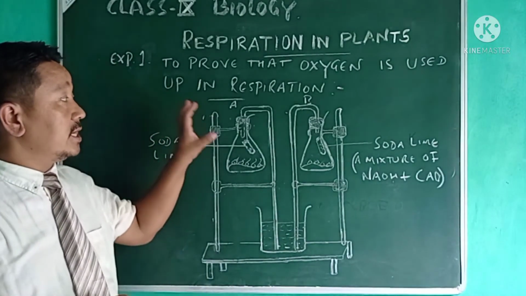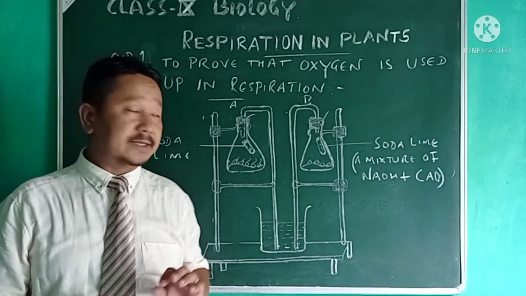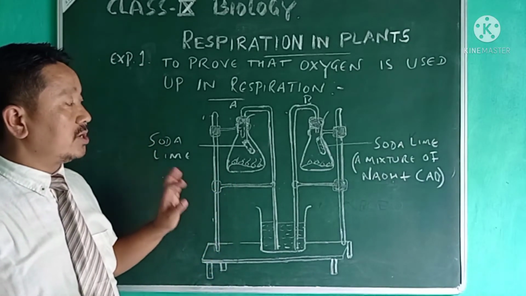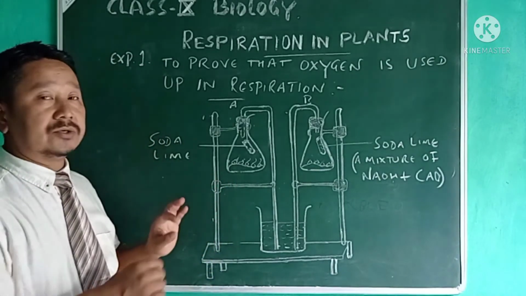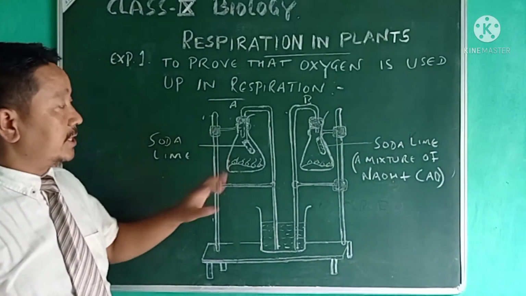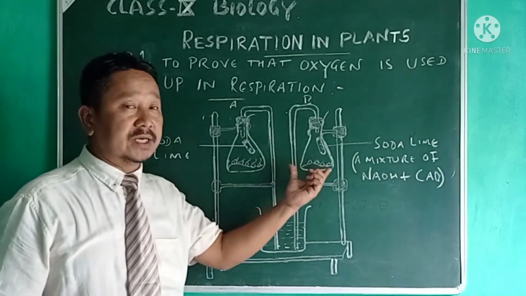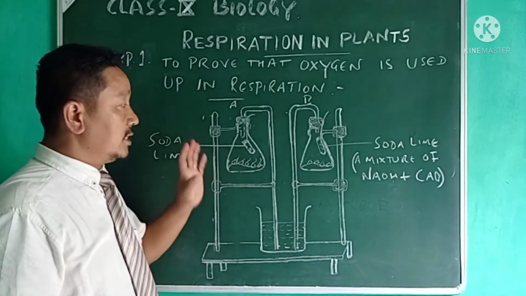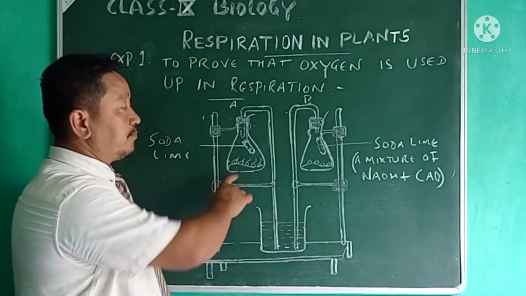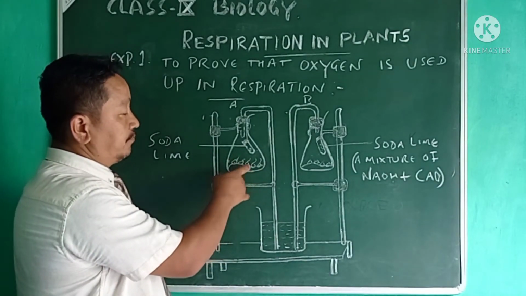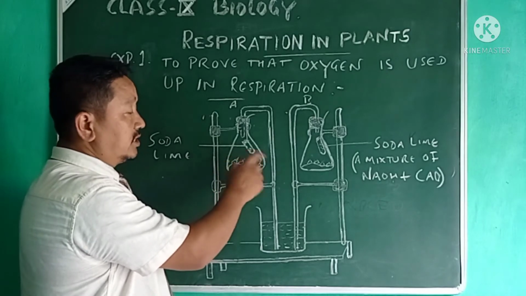To prove that, here is an experiment. This is how you prepare the apparatus, where you see flask A and flask B, as shown in this setup. In flask A, you see the things arranged like that.